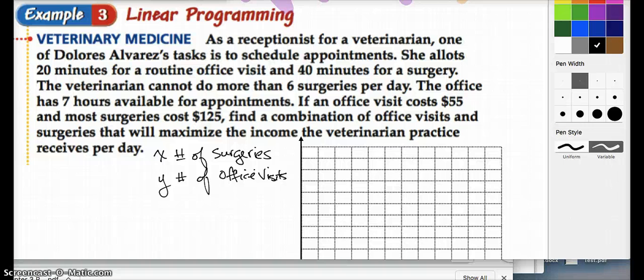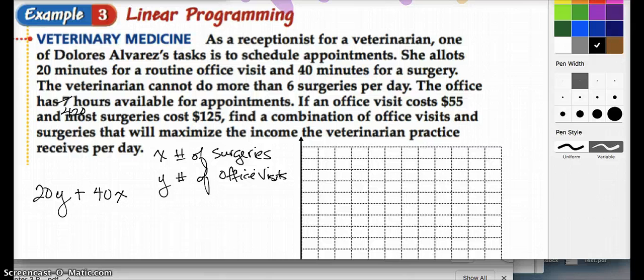Let's change the hours to minutes. So that's 420 minutes. And now we can say that if we have 20 minutes for each of the office visits and then 40 minutes for each of the surgeries, X, then that has to be less than or equal to 420 minutes, which is all the time that I have in the day.